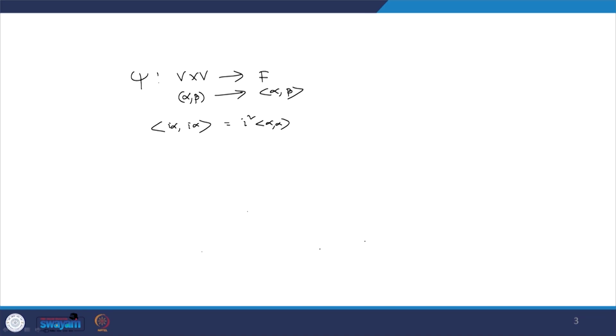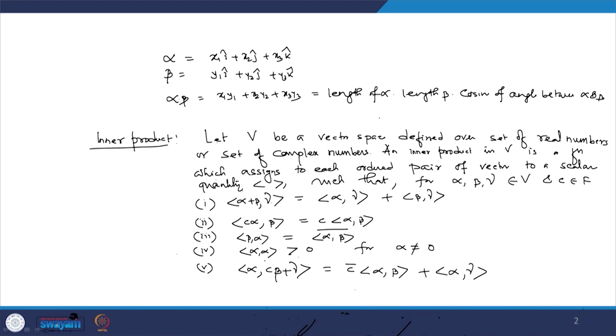So, I am getting minus inner product of alpha alpha, which cannot be greater than 0. Therefore, to satisfy the fourth axiom, we need the third axiom, please.